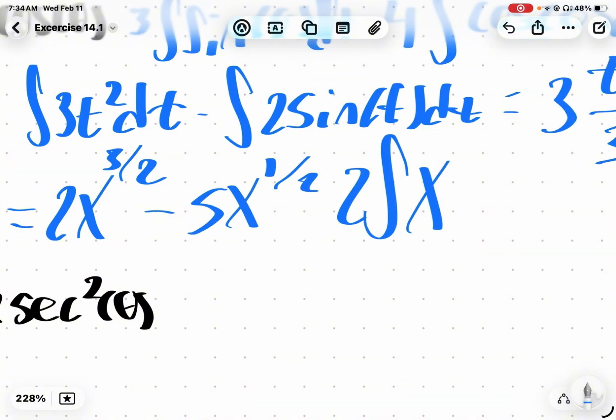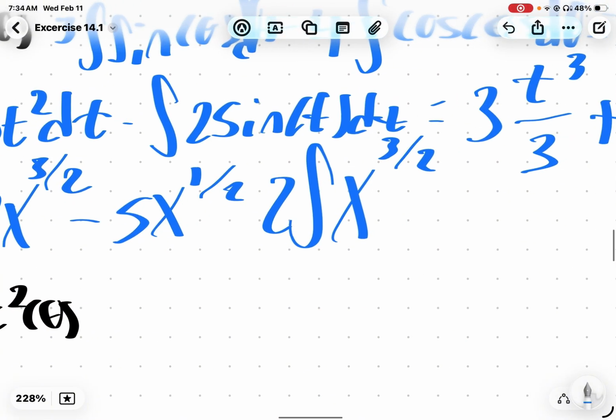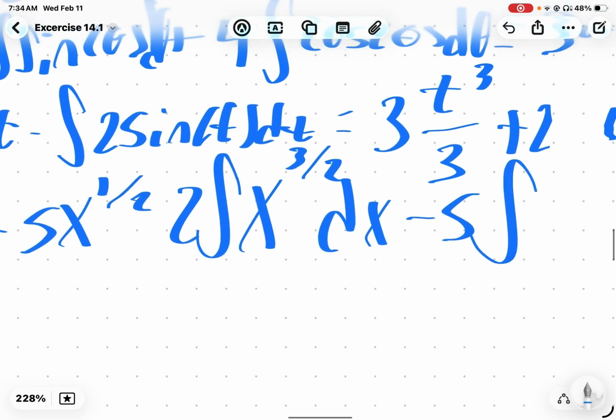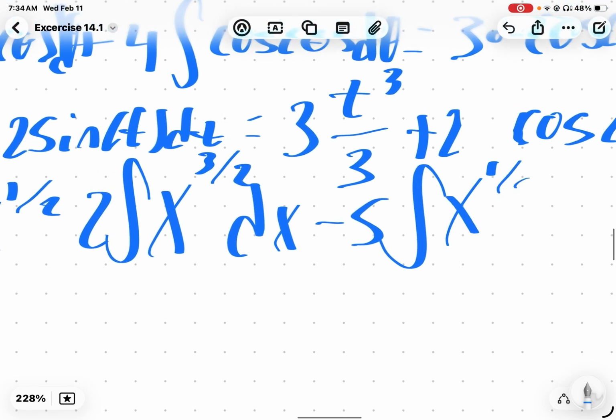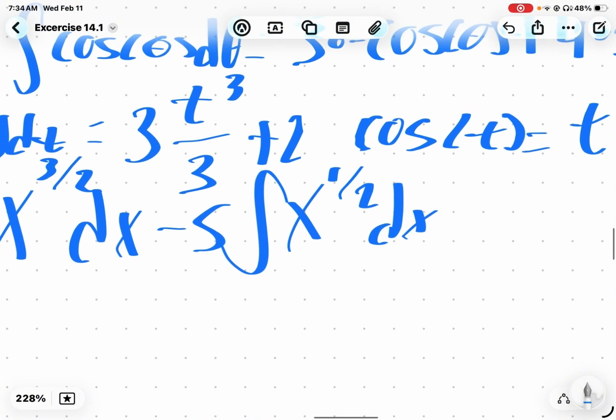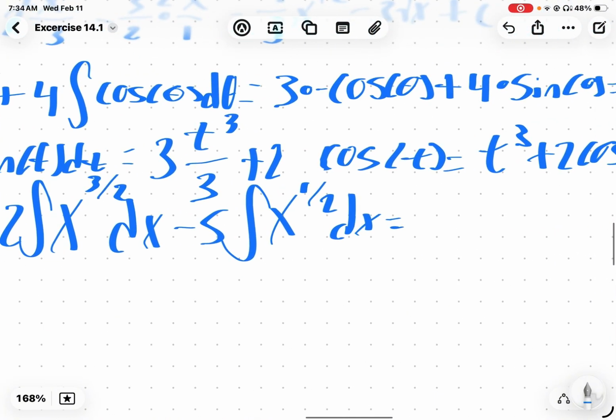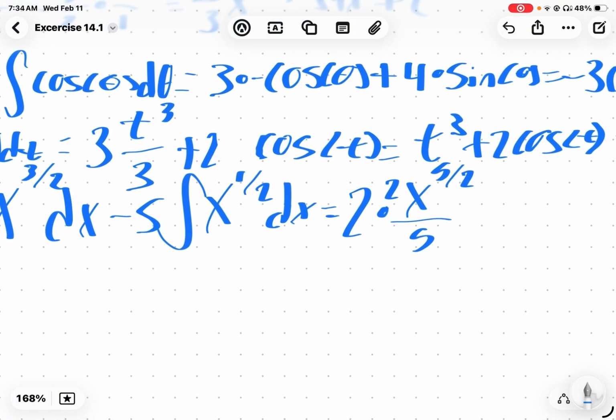So 2 times the integral of x to the 3/2 dx minus, take the 5 out, integral of x to the 1/2 dx, which would give us 2 times x to the 3/2 plus 1 is 5/2, and then over 5/2, which is multiplying it by 2/5.